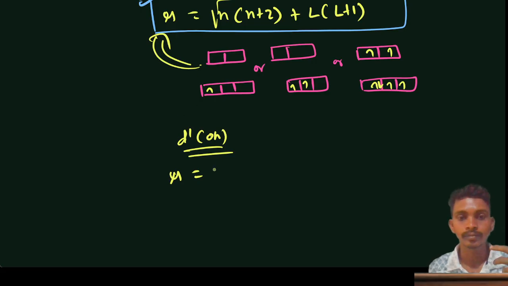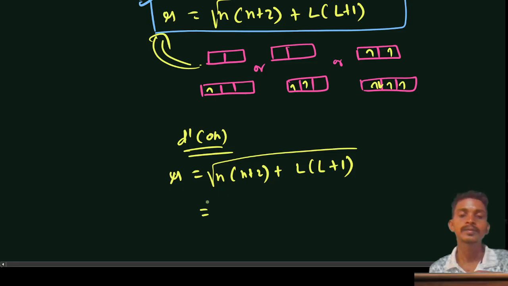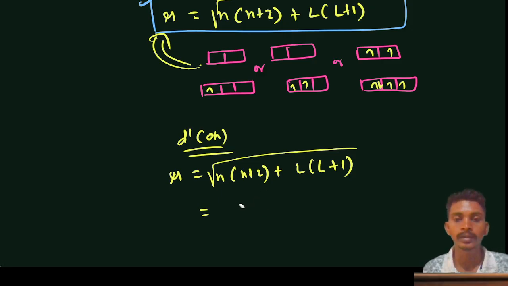That is n(n+2) plus L(L+1). Here, n is how many electrons? 1 electron, so 1 plus this value gives 1.8, so 1.8 plus this value. What will the L value be?